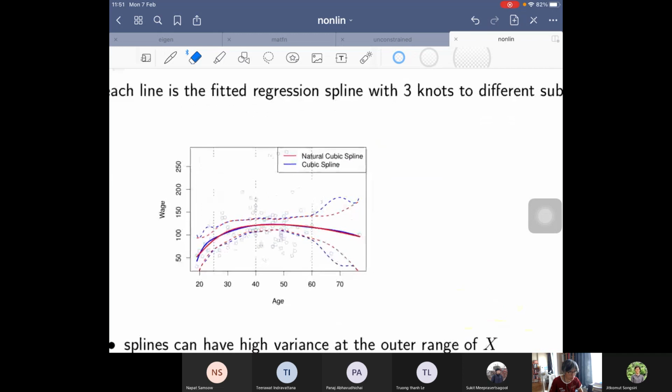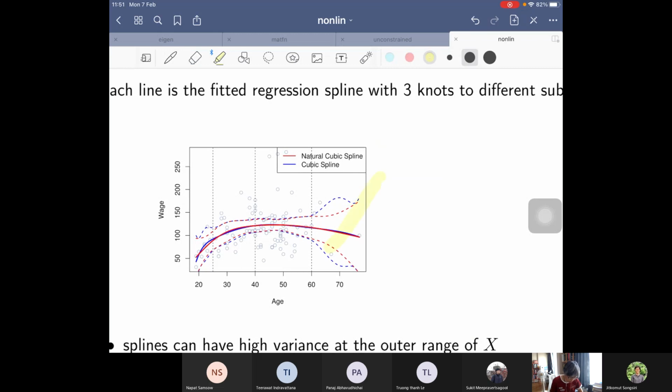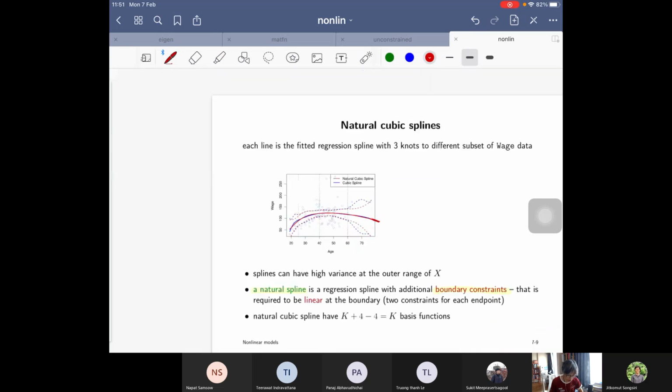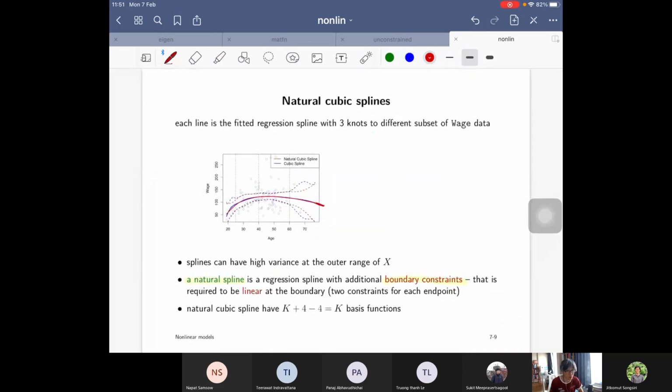Okay, now I'm going to zoom in. For the natural spline, if you look at the red curve, the tail here has to satisfy linearity, which means the higher order derivative at the endpoint must be 0.